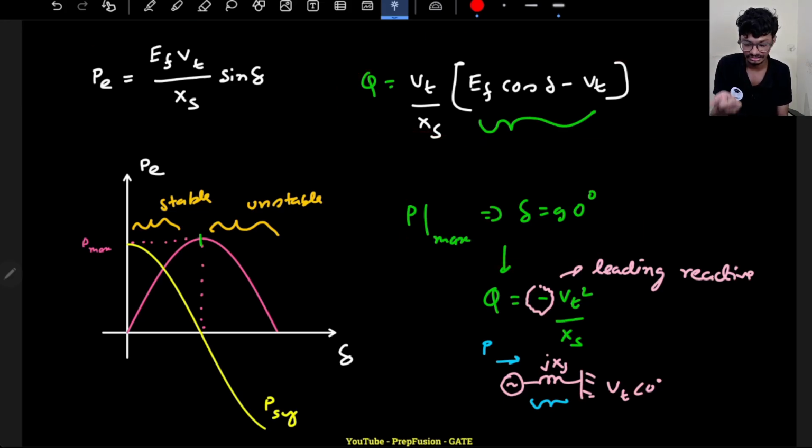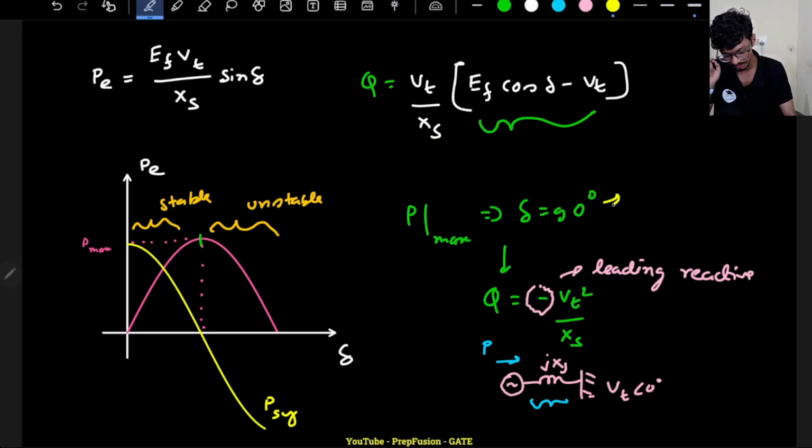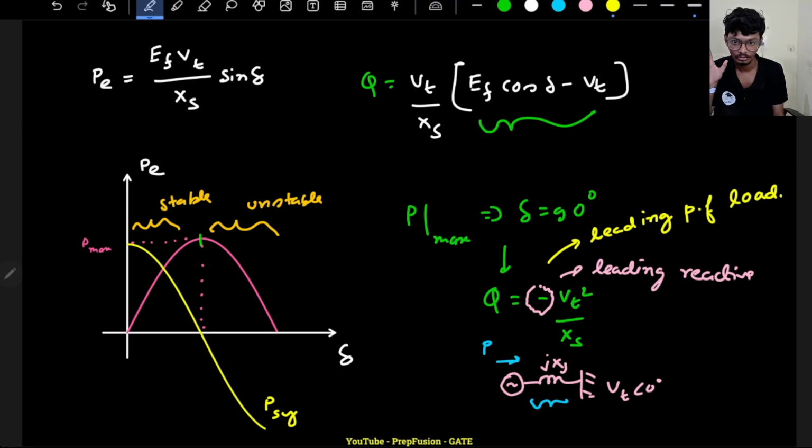For the power to become maximum, the load that shall be connected is a leading power factor load. So this point is clear.